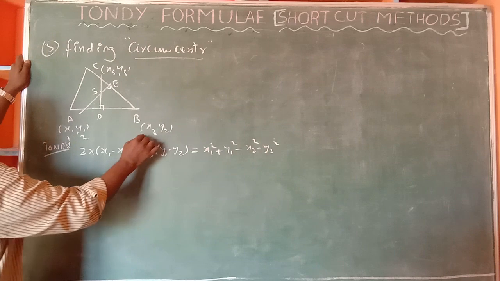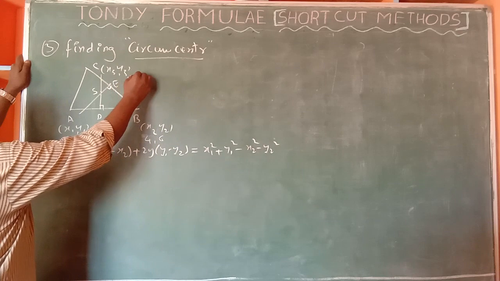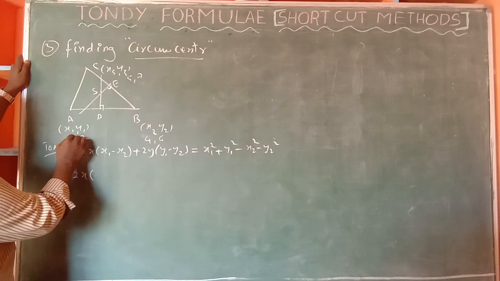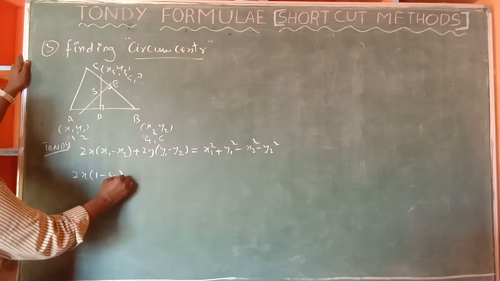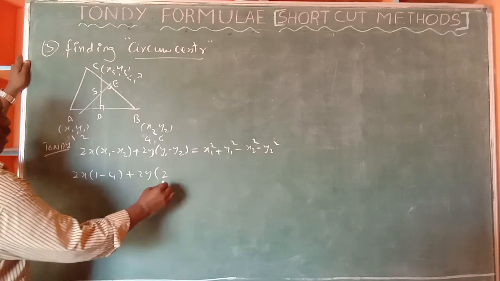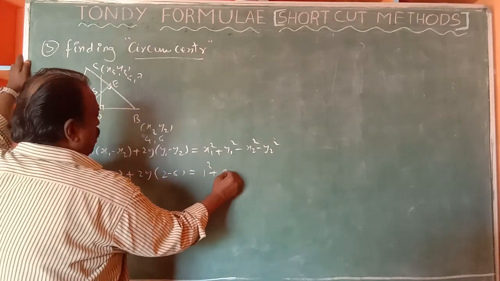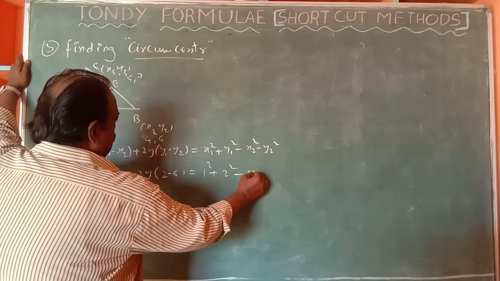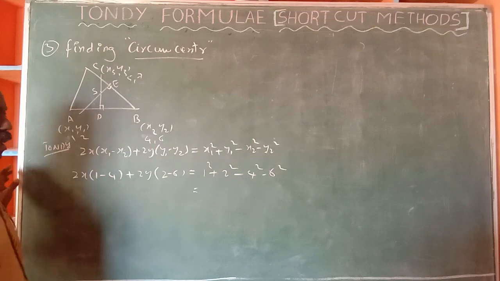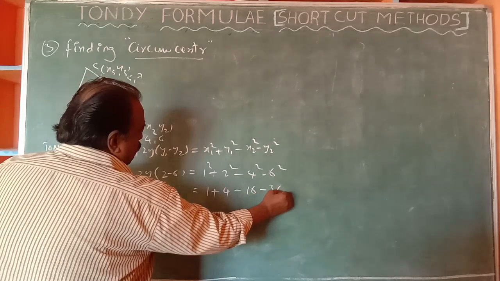Suppose it is 1, 2, this is 4, 6 and it is 5, 7 like this. It is 2x of (1 minus 4) plus 2y of (2 minus 6) is equal to 1 square plus 2 square minus 4 square minus 6 square. That is 1 plus 4 minus 16 minus 36.